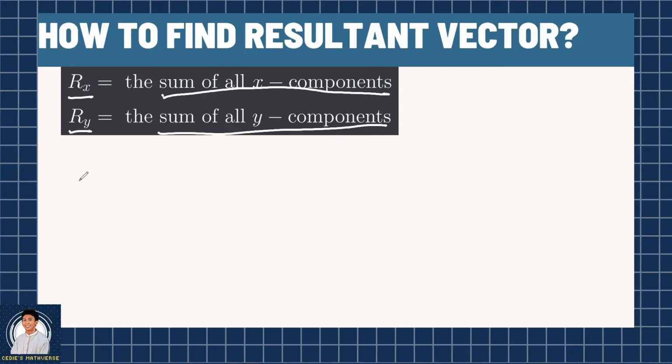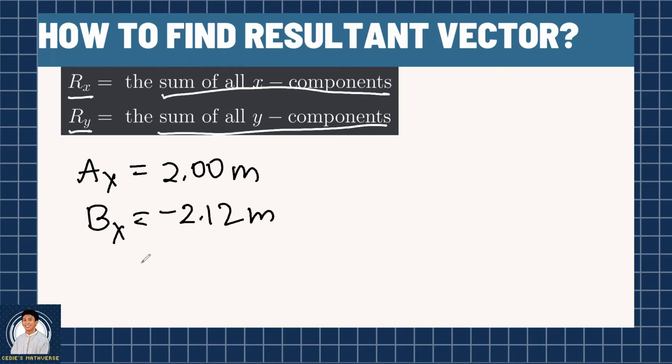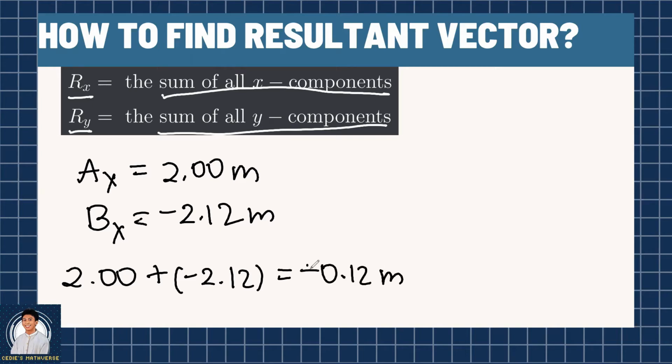Remember from earlier, we got the x components, a sub x equals 2.00 meters and b sub x equals negative 2.12 meters. Adding both of these gives us 2.00 plus negative 2.12 equals negative 0.12 meters.